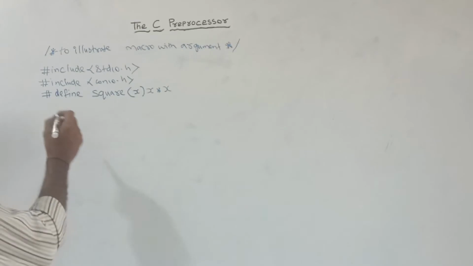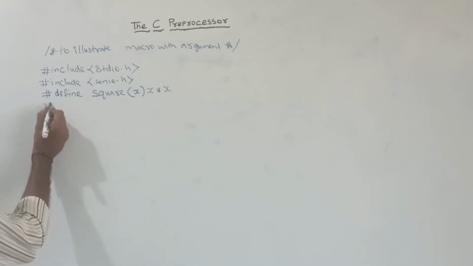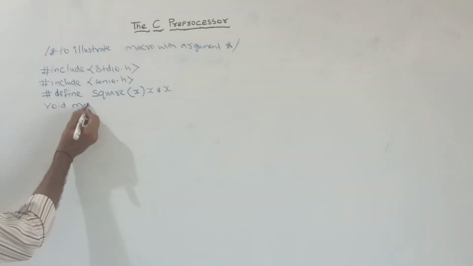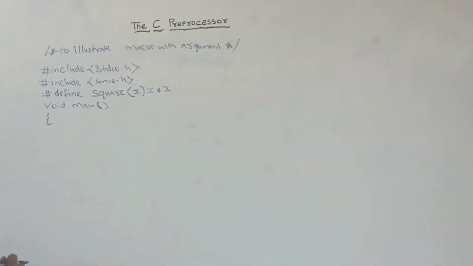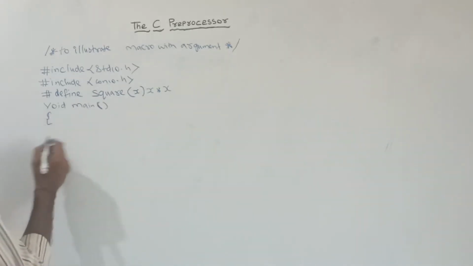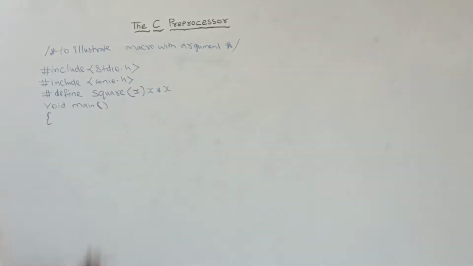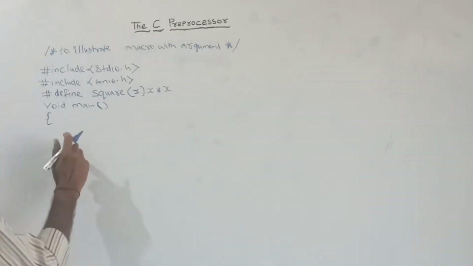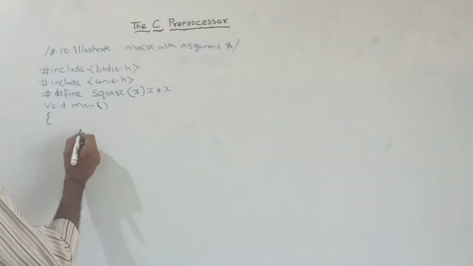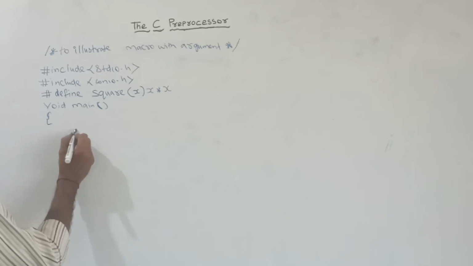See, next here void main. After that, see here open brace. Next here I am declaring the variable. At very first we should give the data type. So here the data type is, let us assume, integer.